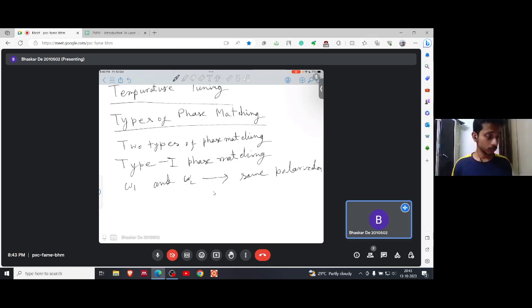Of course, this should occur automatically for the process of second harmonic generation, in which omega 1 equals omega 2, for a positive uniaxial crystal.